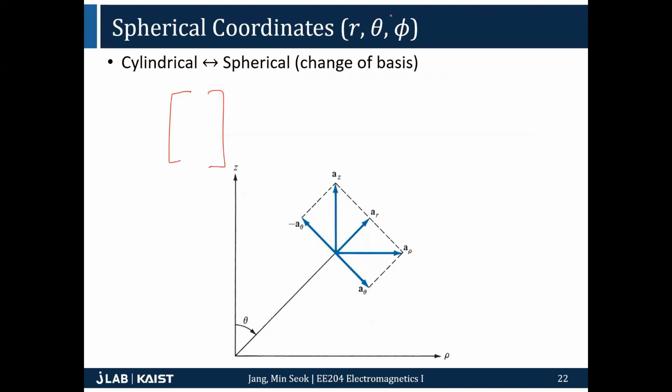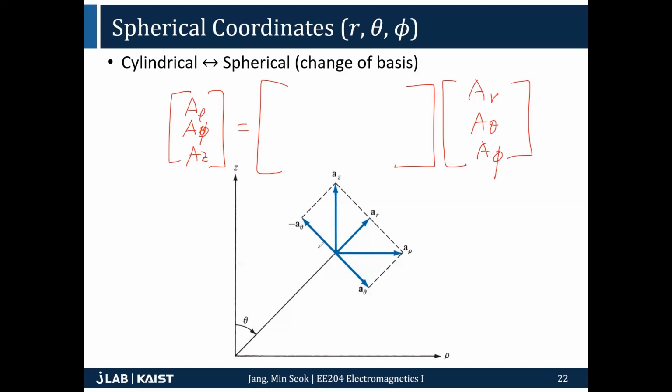Let's say you have a rho, a phi, a z, and then you have a matrix, and then a r, a theta, a phi. Now, which component is 1? Can anyone tell which component is 1? Among these 9 components, which one should be 1?